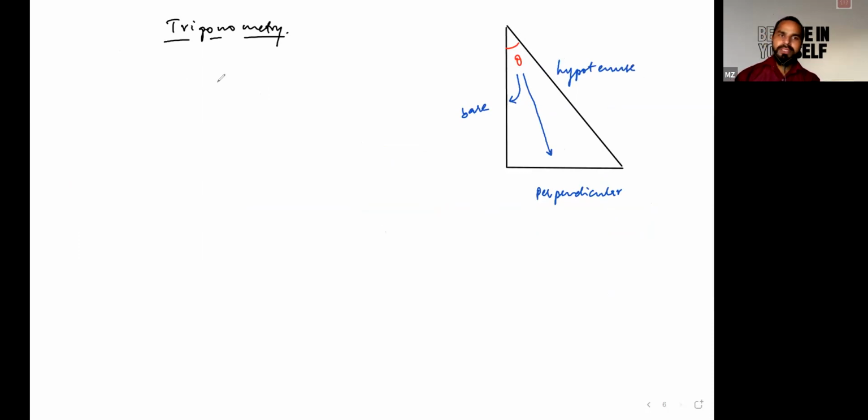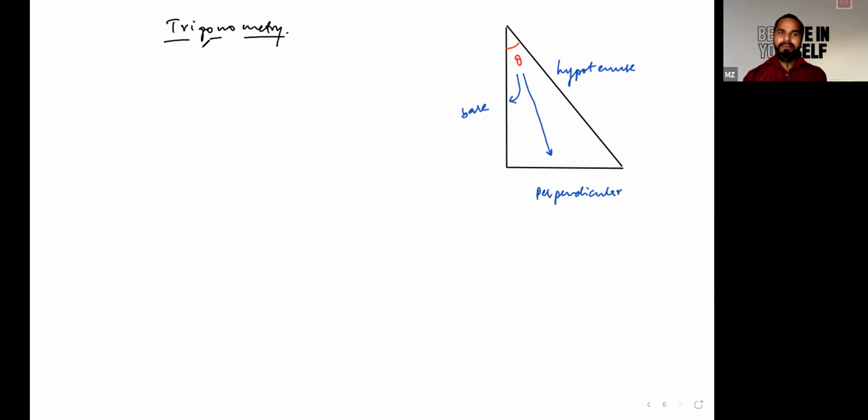So trigonometry simply defines a relationship of this particular theta with respect to these sides. It defines the relationship between the corresponding theta and the rest of the sides.